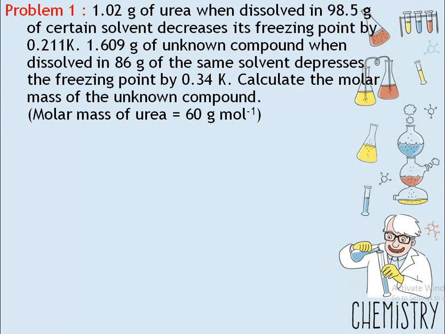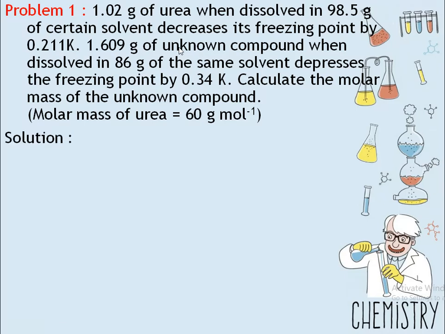Calculate the molar mass of the unknown compound. We are given the molar mass of urea, that is 60 gram. In this problem we don't have the value of Kf, and there is a comparison between two solutes, first urea and second the unknown.